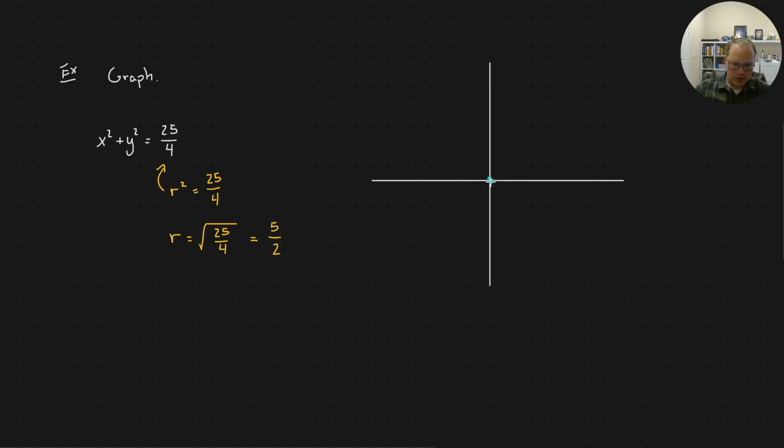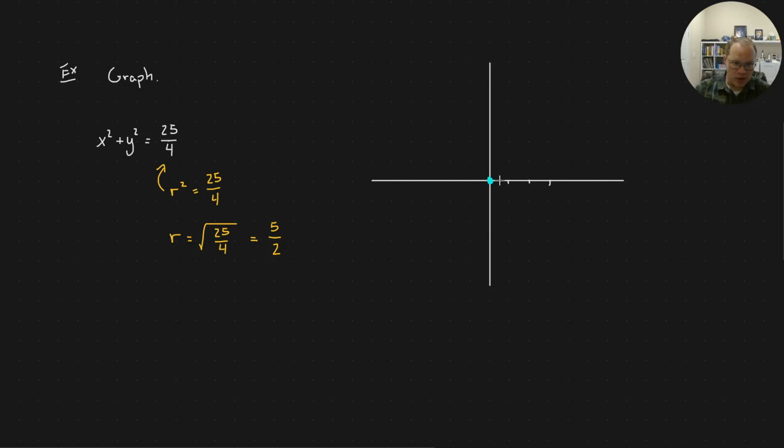So we get our center at the origin. And then I'm just going to use my radius and count my radius left, right, up, down from that center point. Okay, so 5/2. So that's 1, 2, 3.